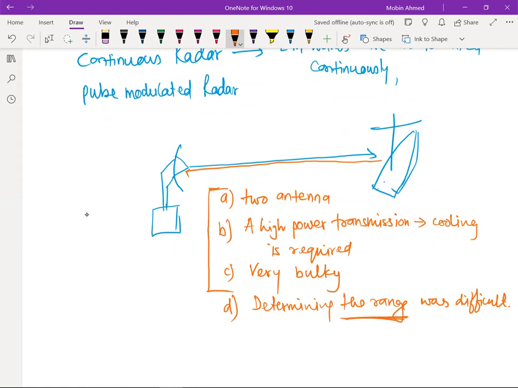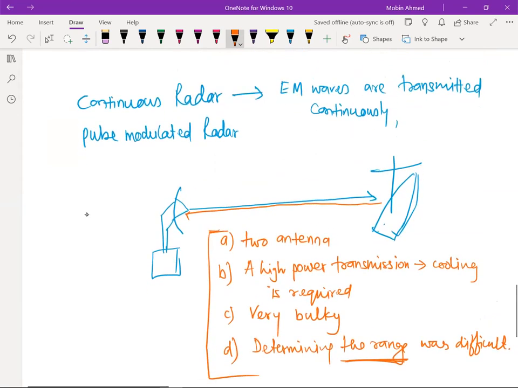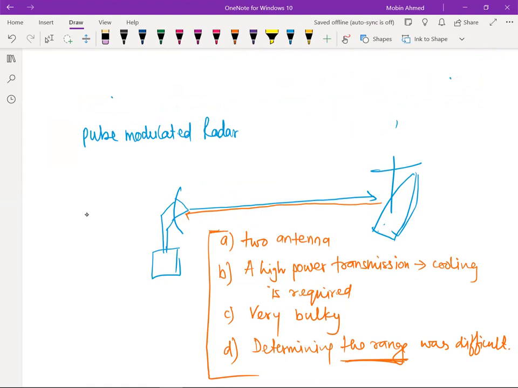So these problems were there with this type of radar, and it has been discontinued. Although we still use this type in tank gauging and some other places, those are very small miniature radars. Otherwise, it is discontinued.